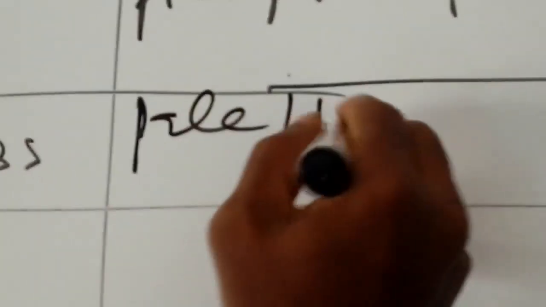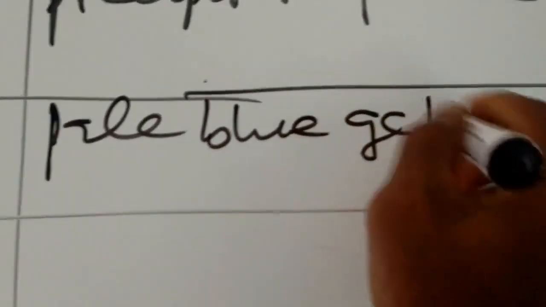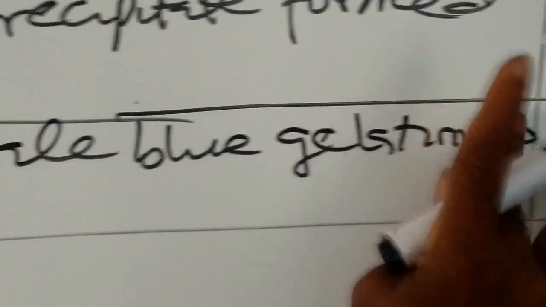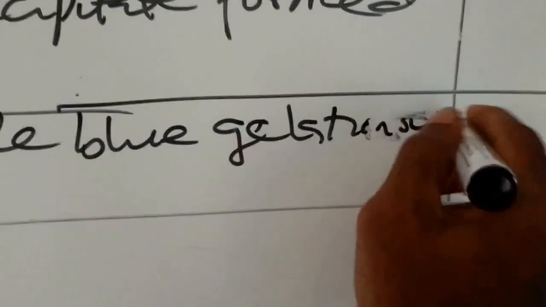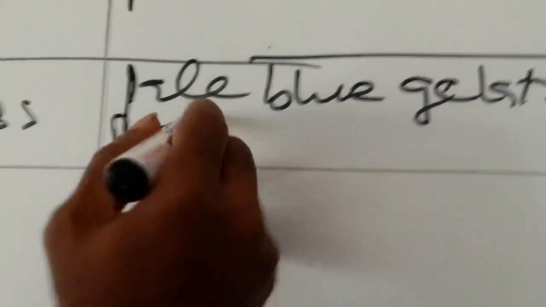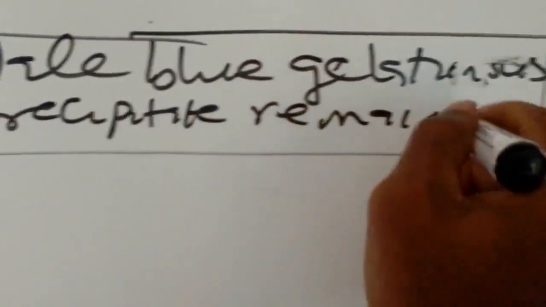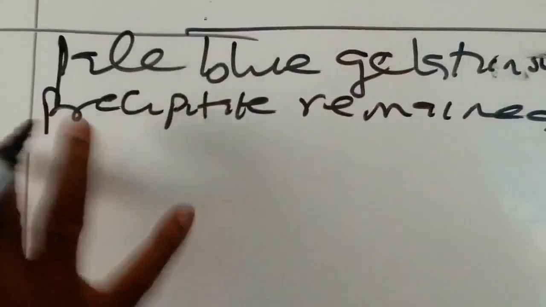So we go to the board and write here: pale blue gelatinous precipitate remained insoluble.